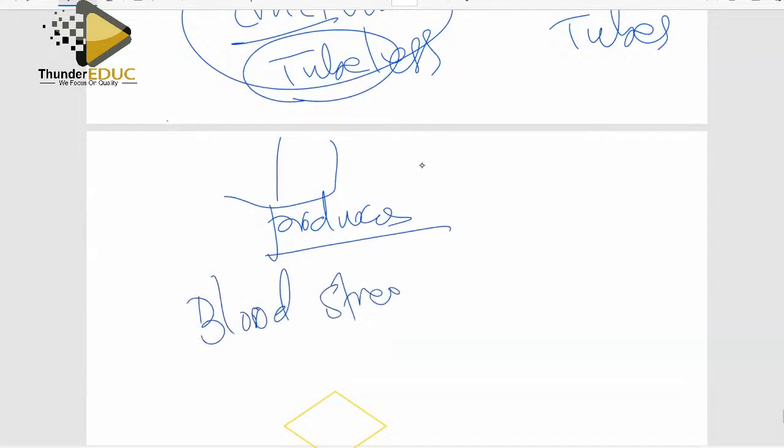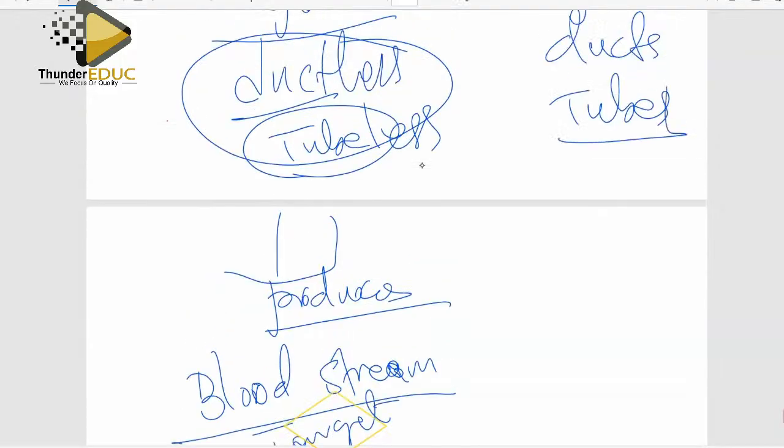So it uses the blood stream to transport whatever it has produced to the target organ. While these ones, they have the tubes, they use their tubes to release where they want them to be released. Meaning that no blood is involved.